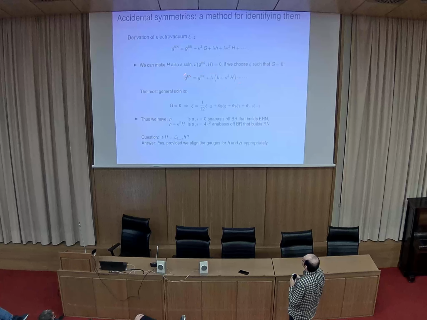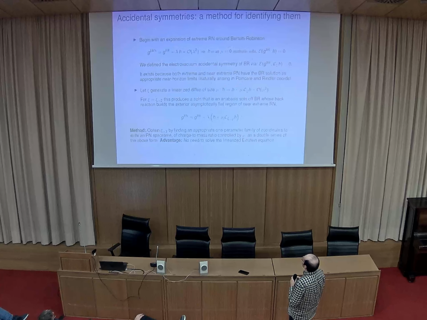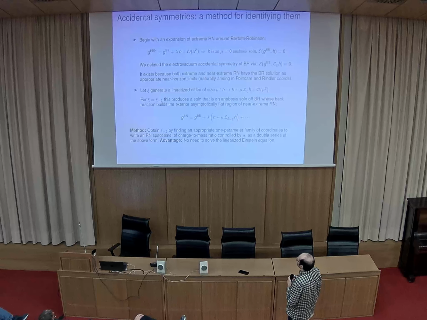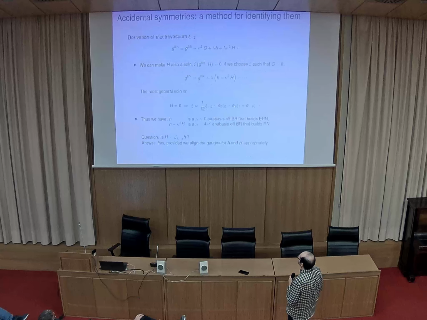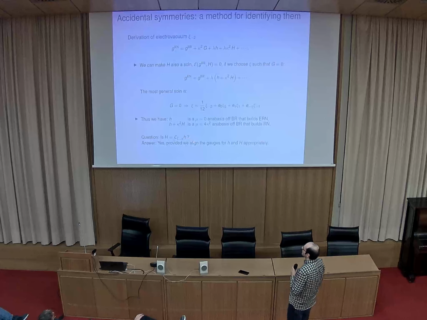Now, does that look like the way we defined accidental symmetries originally? It does, provided I can identify big H with a Lie derivative along this specific psi minus 2. Can you do that? I'm not going to go into the details, but yes, you can. You can produce this little h and this big H in any gauge you wish.